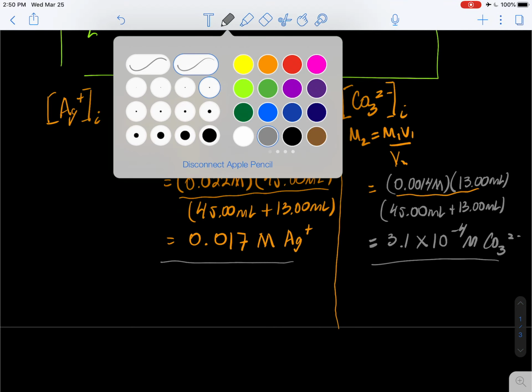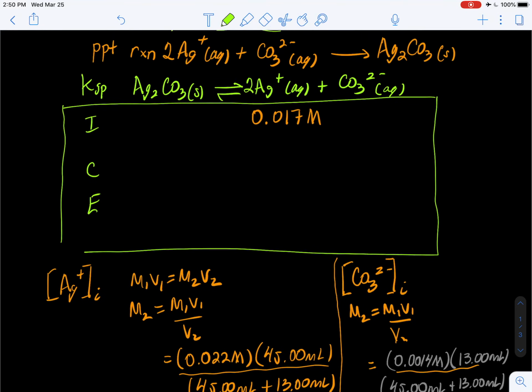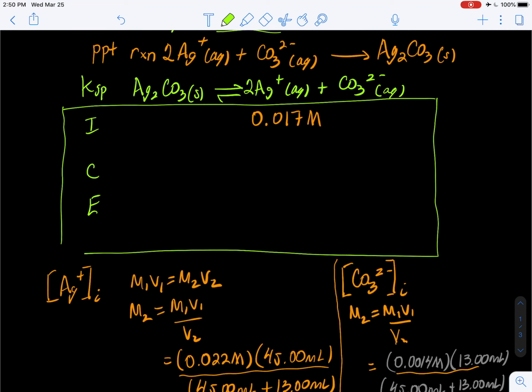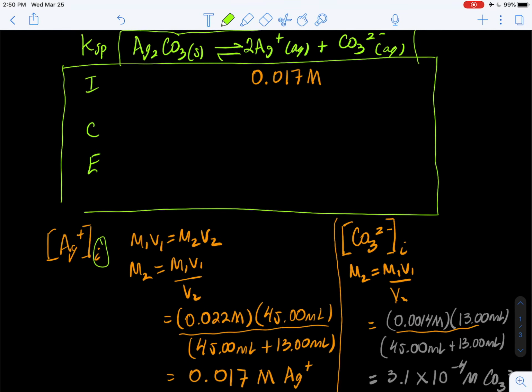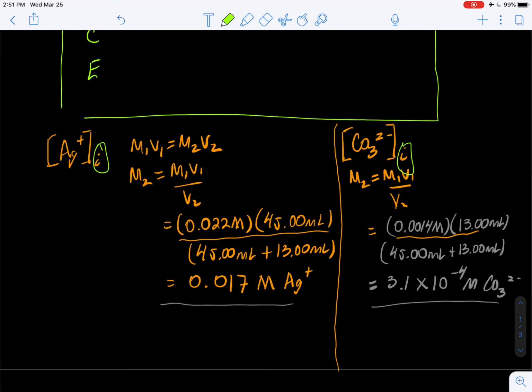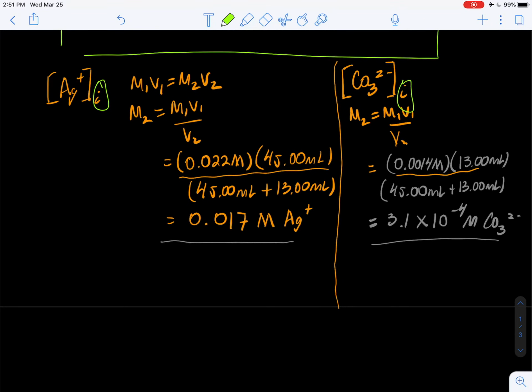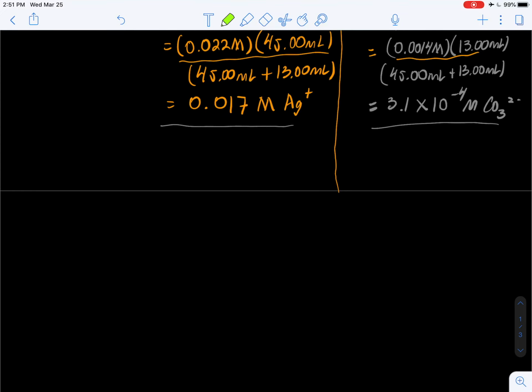All right. Now, remember what we do to figure out if there's a precipitation or not. We write out the equilibrium expression for this chemical reaction, and then we plug in the initial values that we've since calculated, and we see if Q is larger than K or less than K. Okay? So we say that the Ksp, right, is equal to products over reactants. We've got a silver ion. Since we got two of them, we need to square the silver.